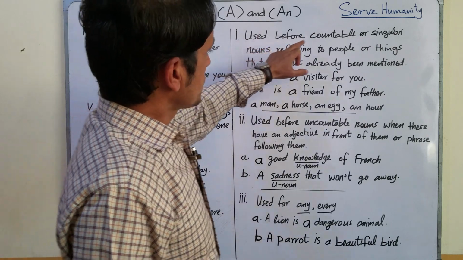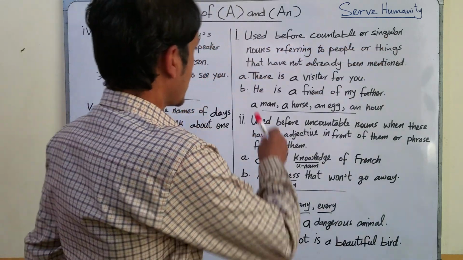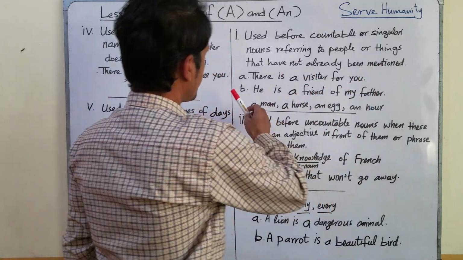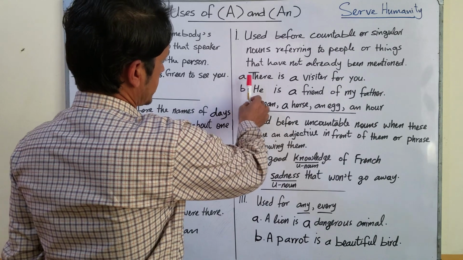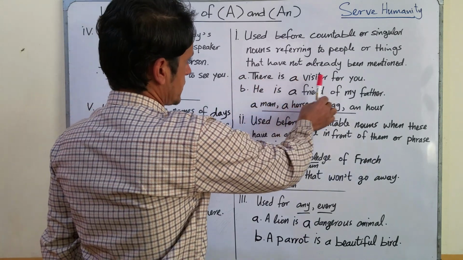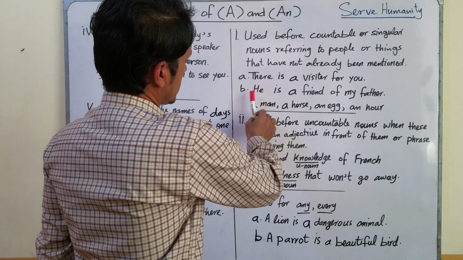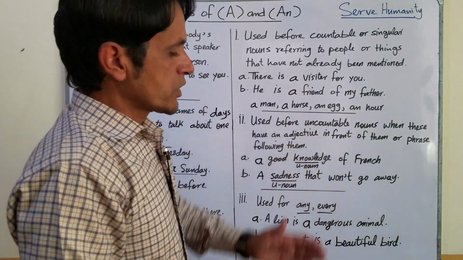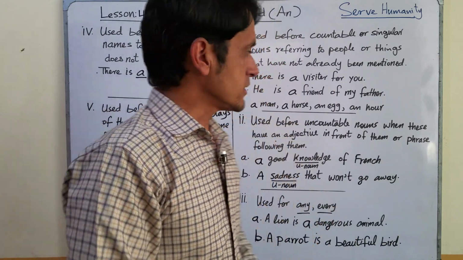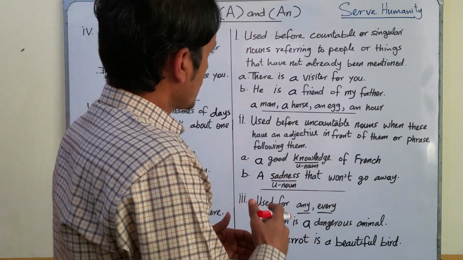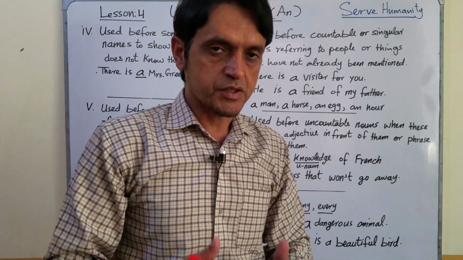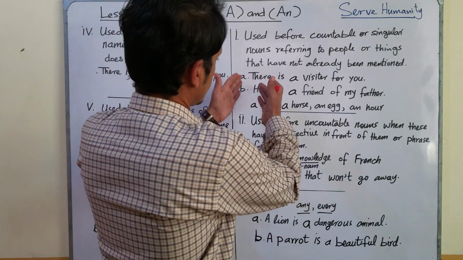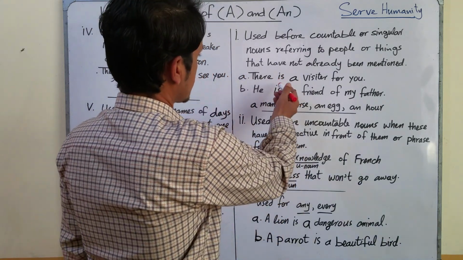Number one, use before countable singular nouns referring to people or things that have not already been mentioned. For example, example number one, there is a visitor for you. Number two, he is a friend of my father. Now you see, we can use indefinite articles a and an for those countable singular nouns which have not already been mentioned, as you can see in these two examples.